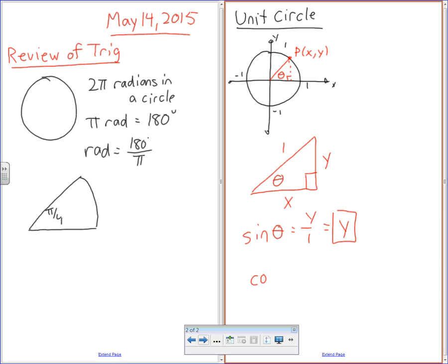Cos of theta is equal to? Base over hypotenuse, so it's equal to x. Tan of theta is y over x. This is starting to come back a little bit for most people.